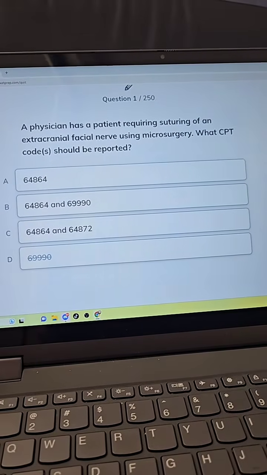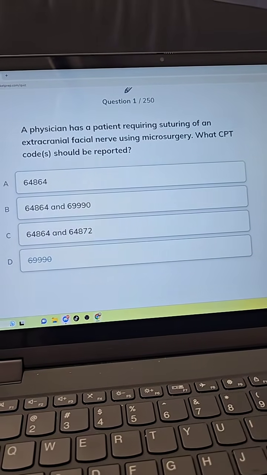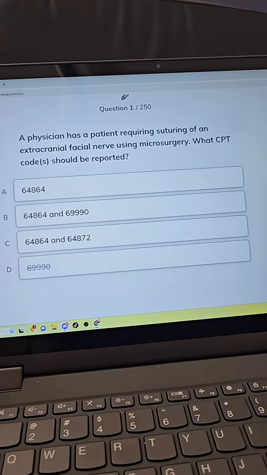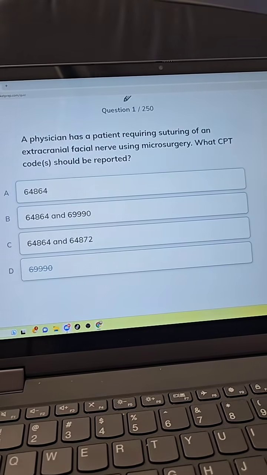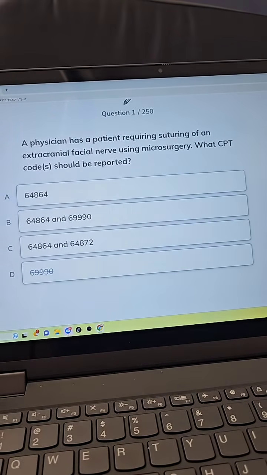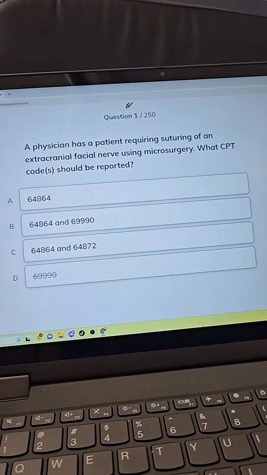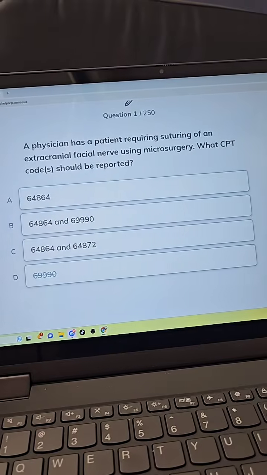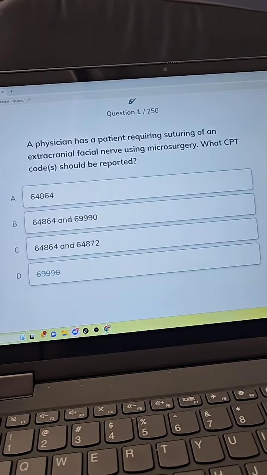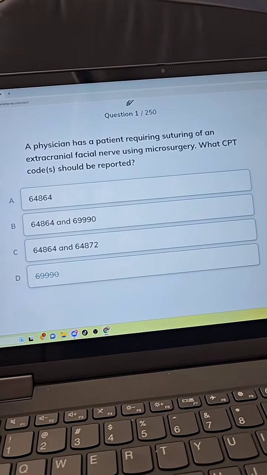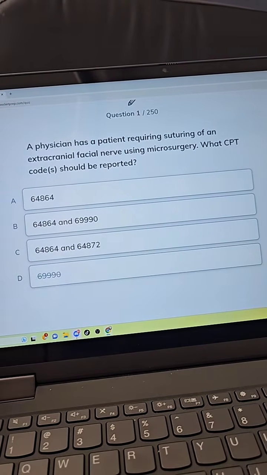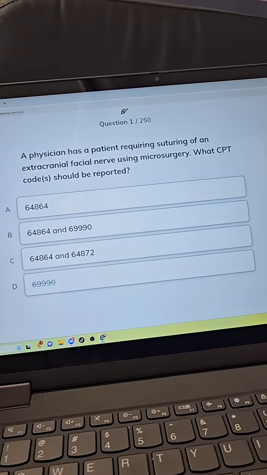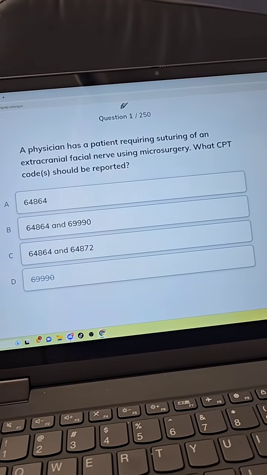If you see that 69990 is your only available answer, you know that can't be the correct answer when you're dealing with a facial nerve with microsurgery, because that code cannot be coded all by itself because it's an add-on code. It has that plus symbol in front of it. So we know we could strike through that one particular answer. But we do need to know if we can add 64864 and 69990 together to answer this question.